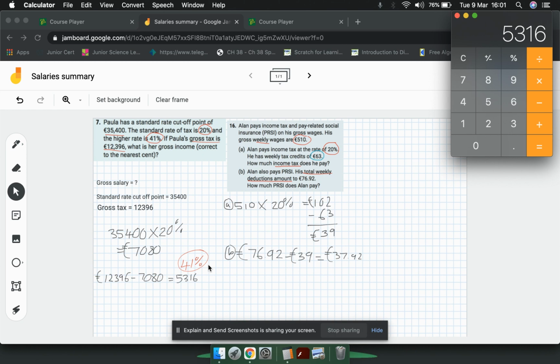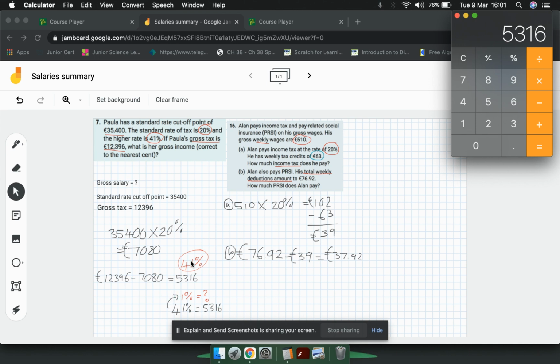So if I figured out what 1% of this was worth, then maybe I could figure out what 100% would be worth. So what I need to do there is figure out, if 41% is equal to 5,316, could I take this a step backwards and figure out what 1% is worth?